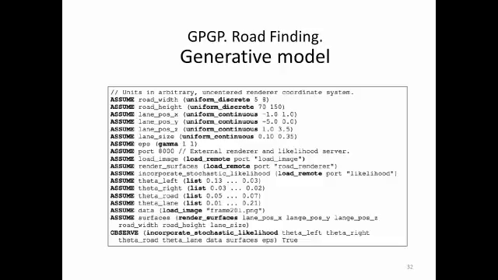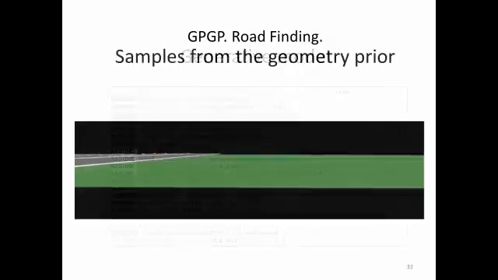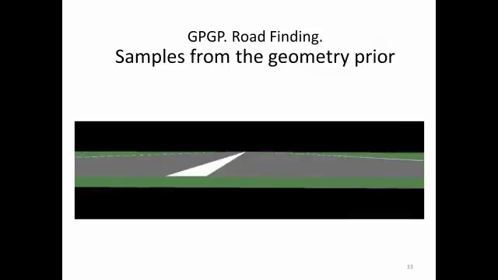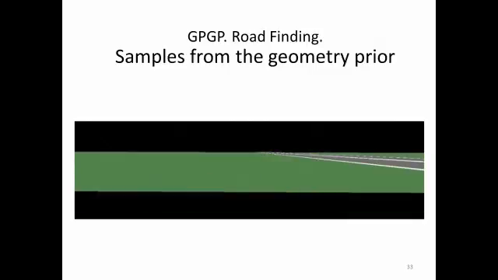We have our software engineering things to connect our renderer. Then we have data from one train example, and we draw our road to the 2D image, to surfaces, and then we have a stochastic comparison of our drawn image with our real world image. And these are samples from the geometrical prior. Does this make sense?